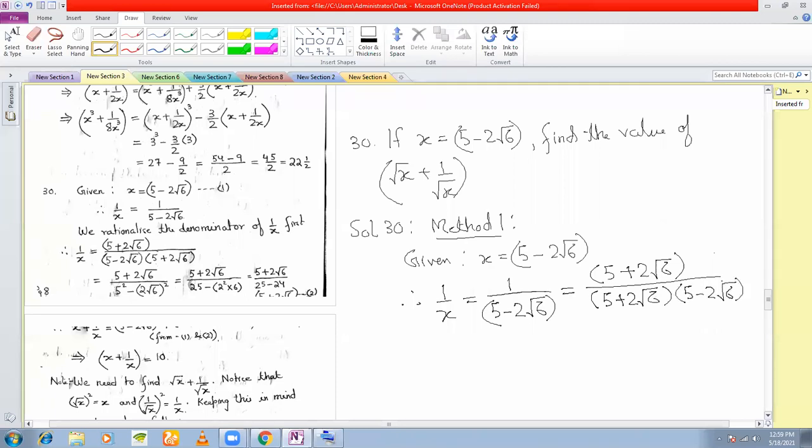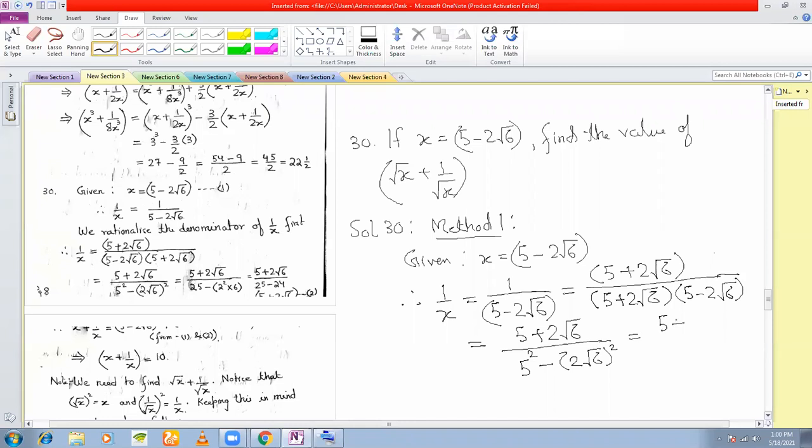This is what we'll get. Now simplifying the denominator, you see that it is in the form (a plus b) into (a minus b), which is a square minus b square.